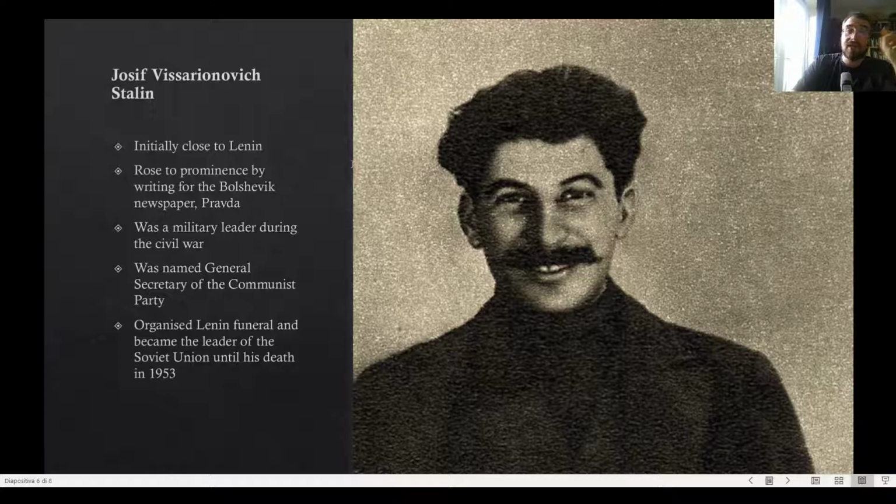He was close to Lenin, at least at the beginning, and had worked as a journalist for the Bolshevik newspaper, the Pravda, which would later become the official newspaper of the Soviet Union. And for this, he was awarded a position of power after the revolution of 1917. Later, during the Civil War, he was given a military command and was later elected as the General Secretary of the Communist Party, a position that he would keep for the rest of his life.